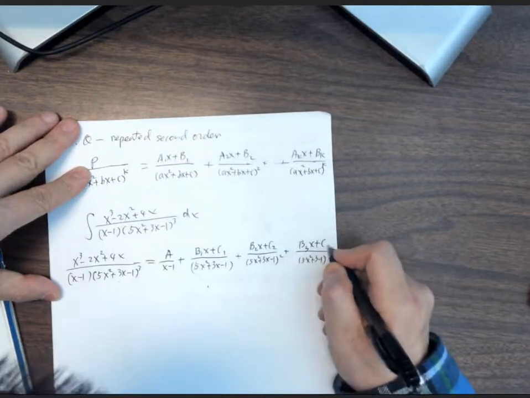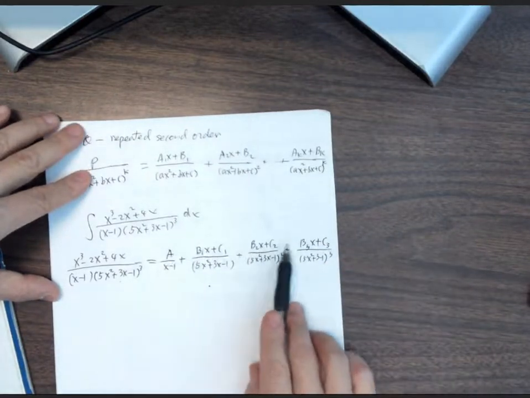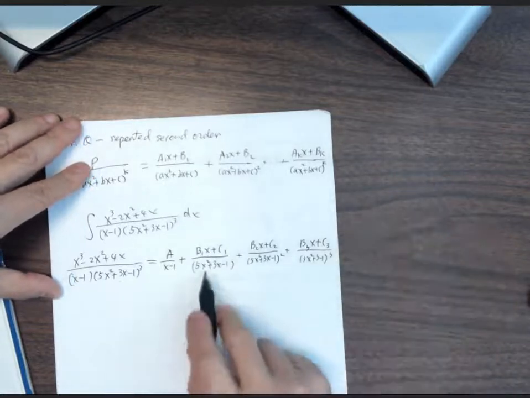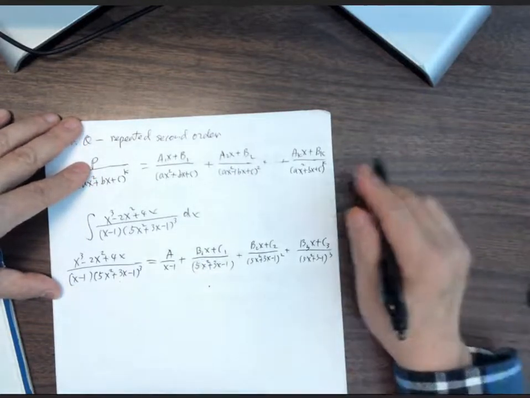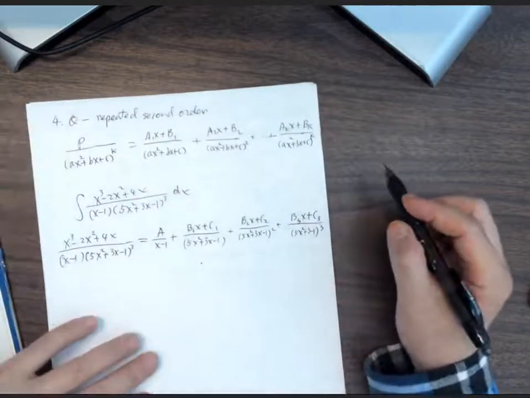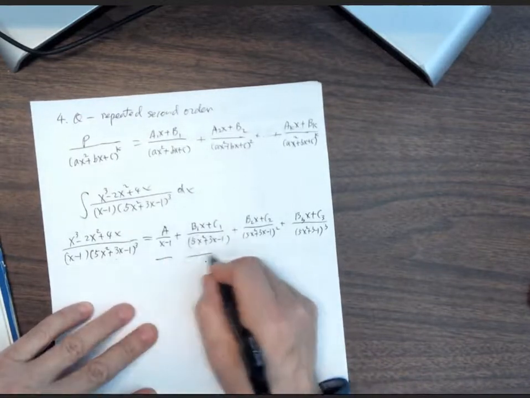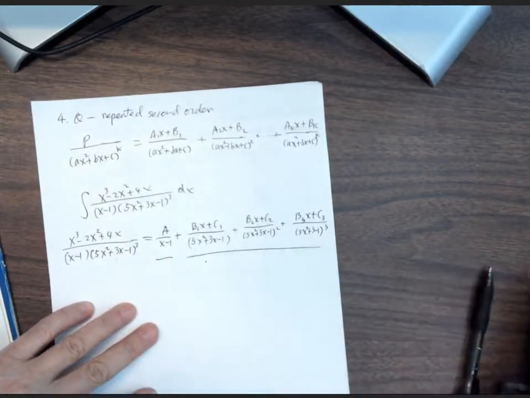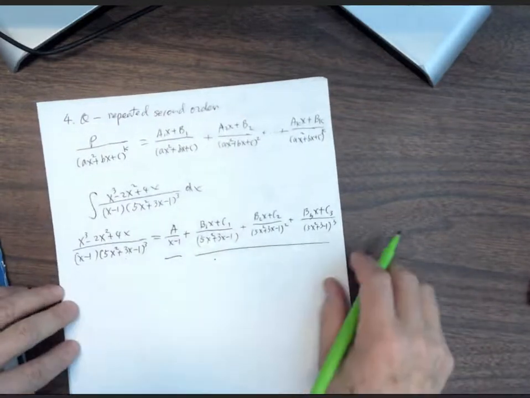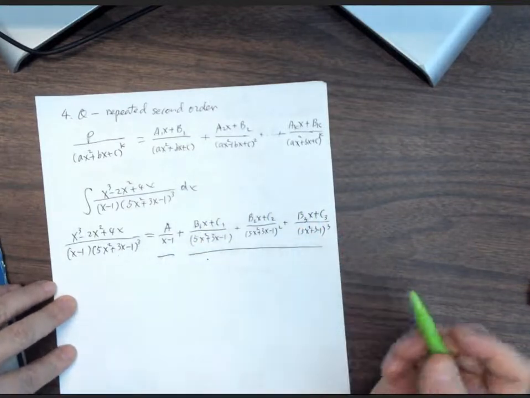I could use a, b, c, d, e, f, g, h, but it doesn't matter what different letters we use. What I want to show you is just how we assume appropriate partial fractions in the decomposition.